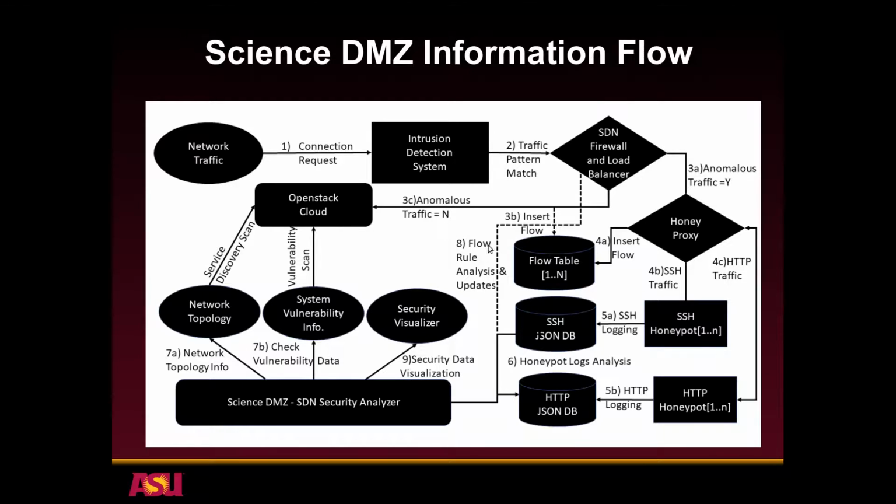We take the information from the flow table and use the information from the logs generated by the honeypot to do security assessment and see if there is some violation of security flow rules in the system that can potentially lead to some compromise. Based on that, we update our flow rules in the SDN based firewall, which is also acting as a load balancing server.